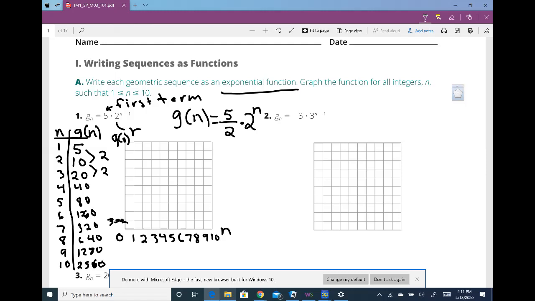So 300, 600, 900, 1200, 1500, 1800, 2100, 2400, and 2500.